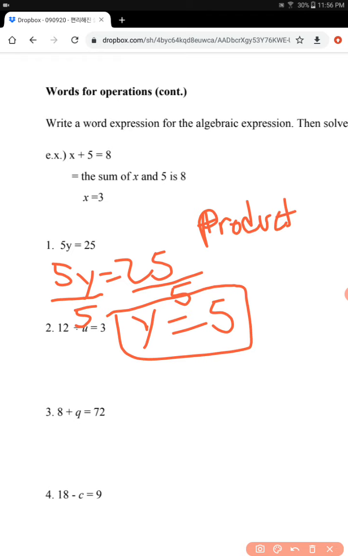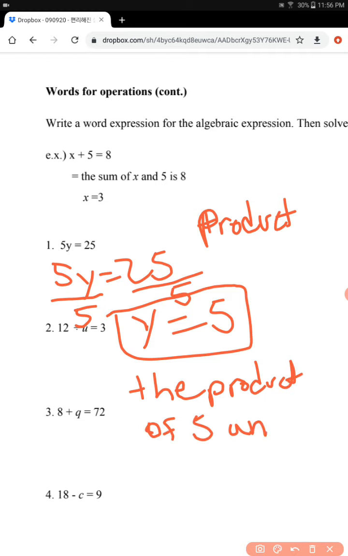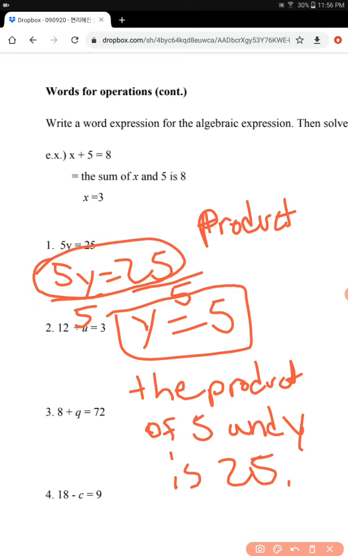So it would be the product of 5 and y, basically 5 times y, equals 25. So that's our word expression right there. And then this is our equation. And then this is our answer right here in the box.